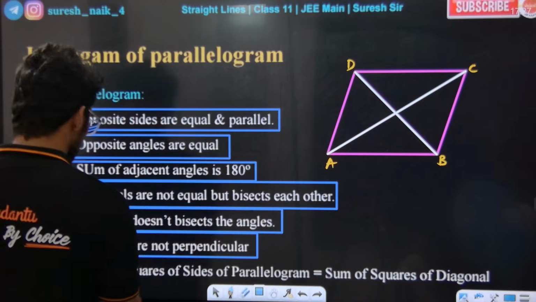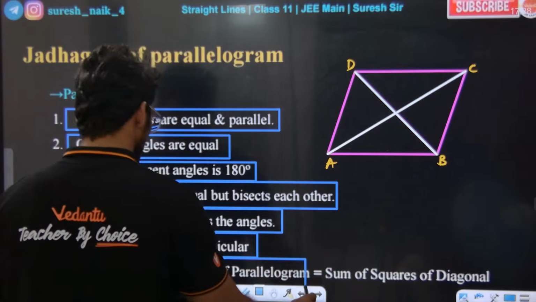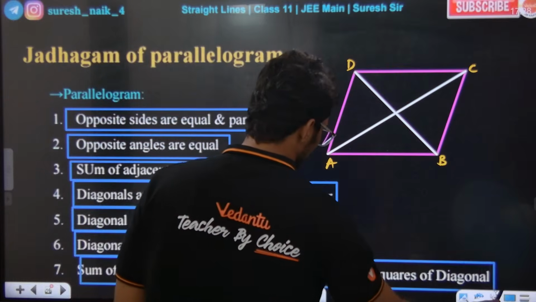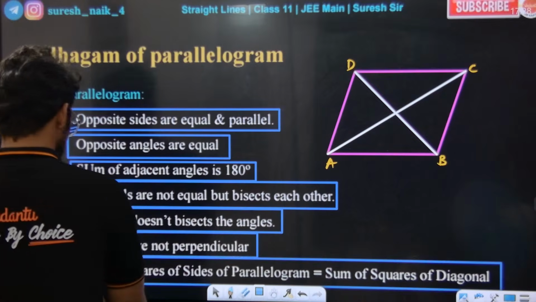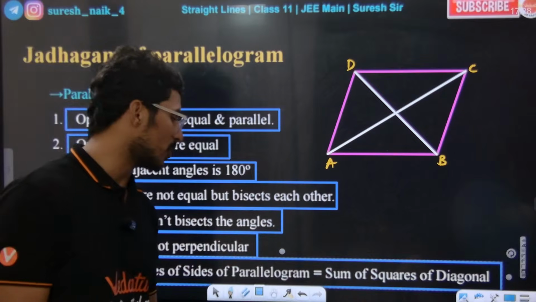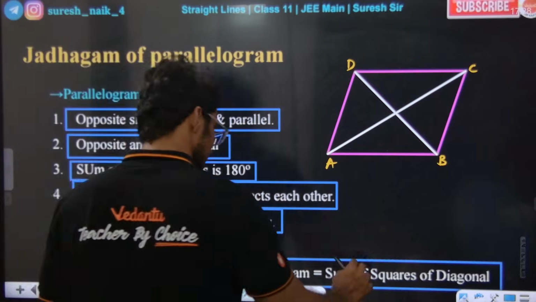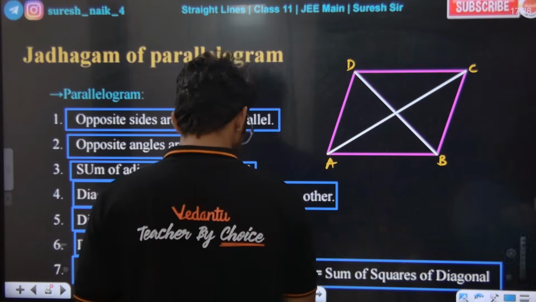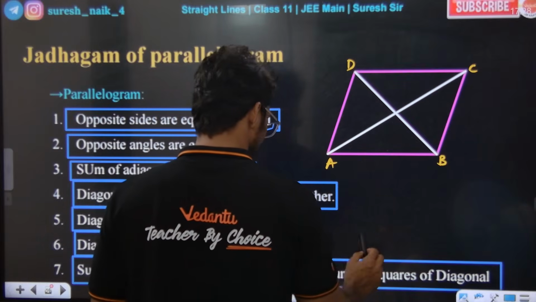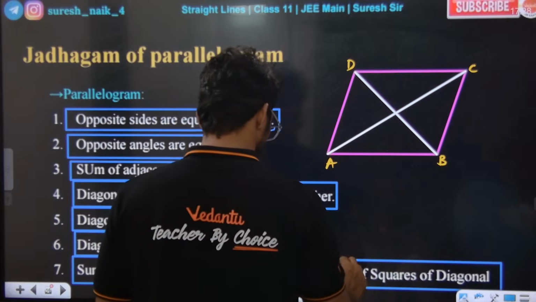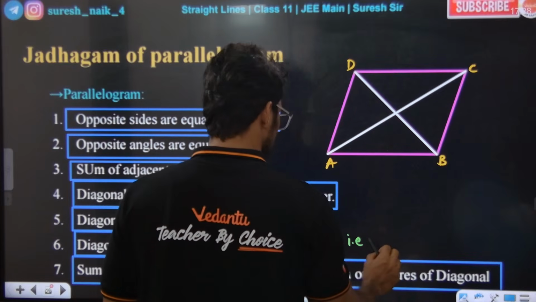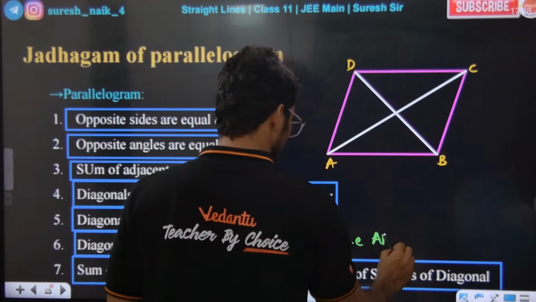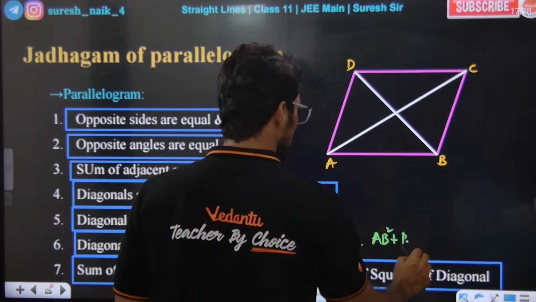So the sum of squares of the sides of a parallelogram is equal to the sum of squares of the diagonals. Everyone look at the board. AB square plus BC square.